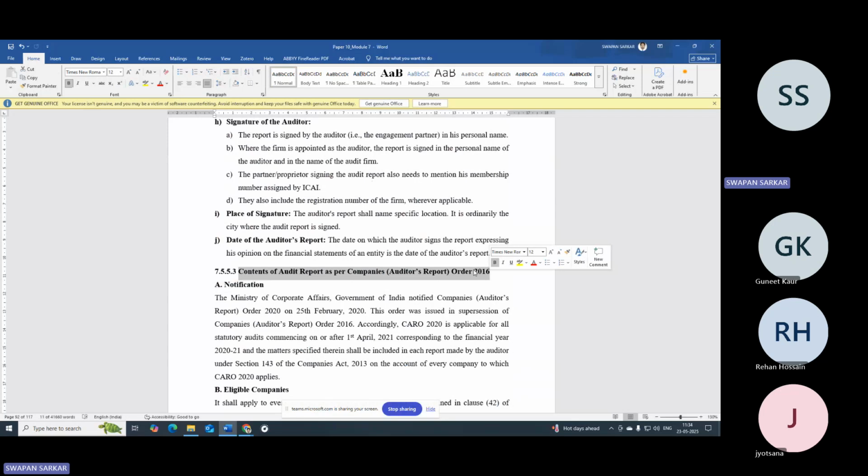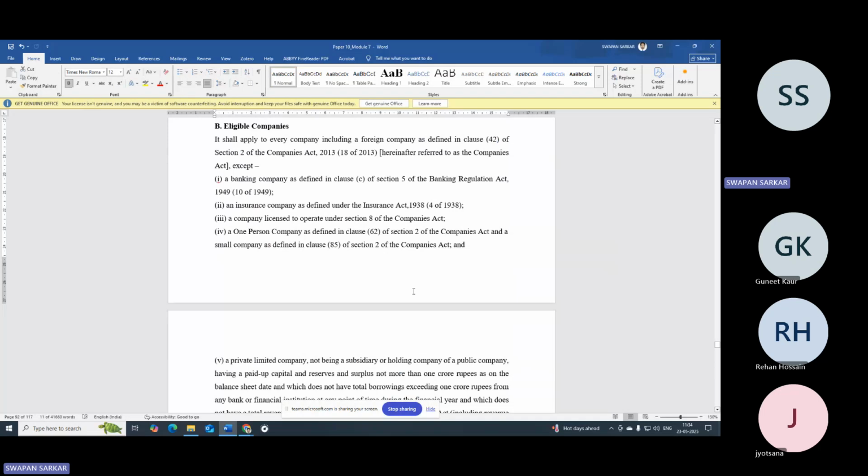Accordingly, CARO 2020 is applicable for all statutory audits commencing on or after 1st April 2021, corresponding to the financial year 2021, and the matters specified therein shall be included in the report made by the auditor under Section 143 of the Companies Act 2013 on account of every company to which CARO applies.